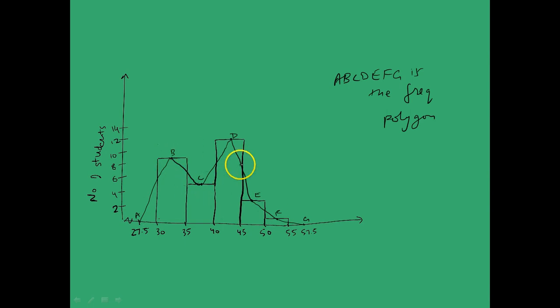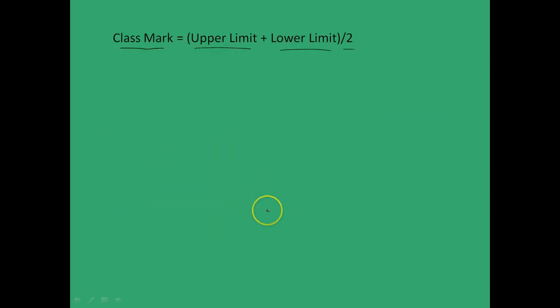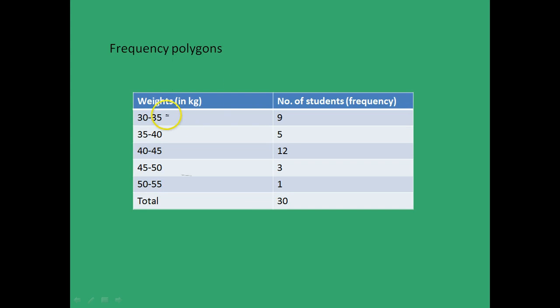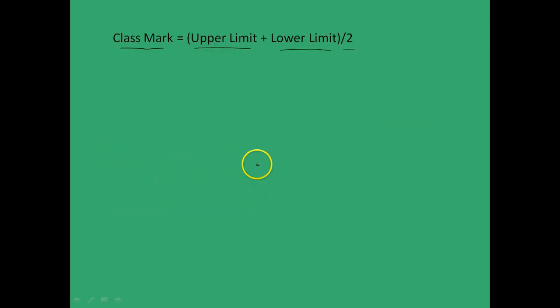These midpoints are precisely what we mean by class mark. So let's identify the class mark for each of these classes. The class mark for this would be 30 plus 35 by 2, which is equal to 32.5. In this case, it will be 35 plus 40 by 2, which is equal to 37.5. And similarly, this is 42.5, this is 47.5, this is 52.5.